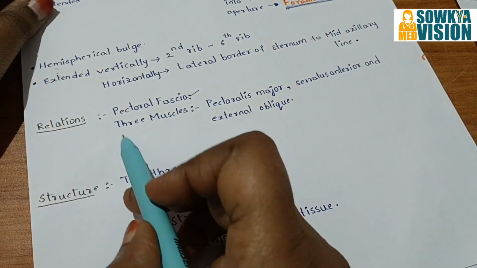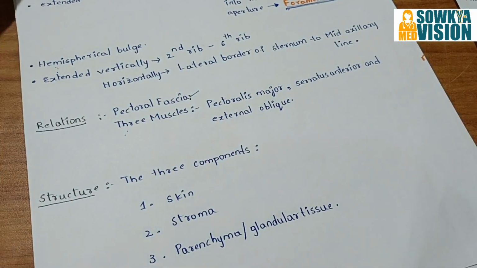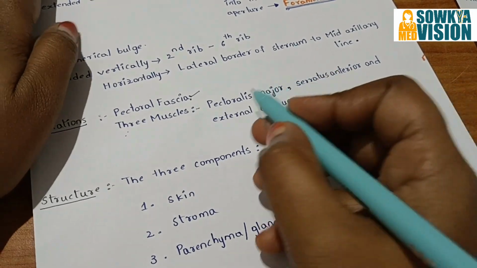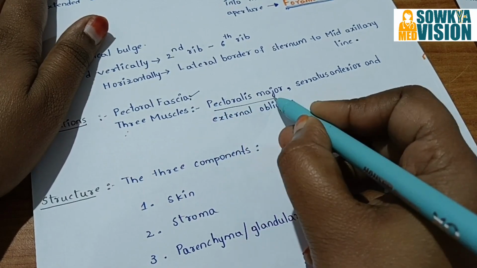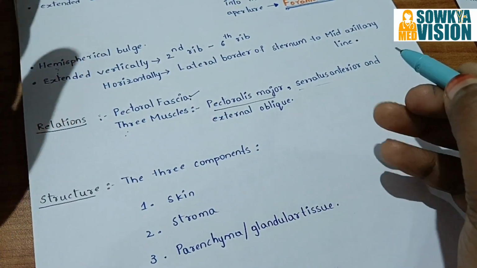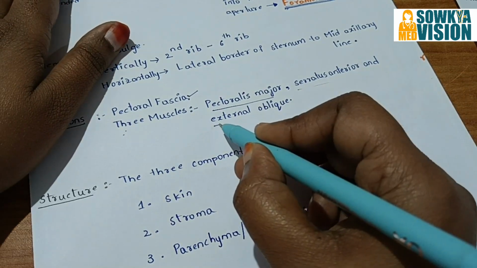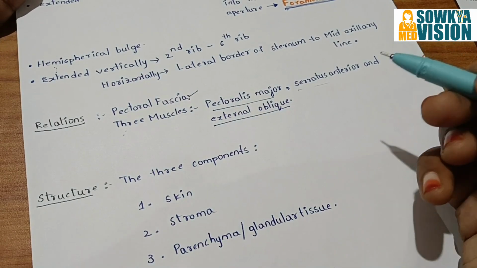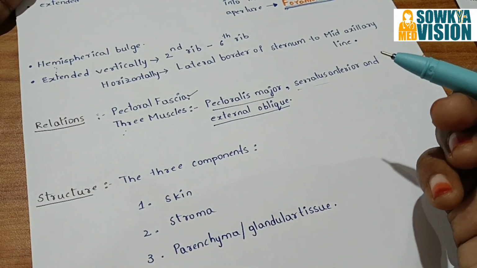It is also related to three main muscles: pectoralis major, serratus anterior and the external oblique. We dealt with pectoralis major and serratus anterior in the previous class. The external oblique is an abdominal muscle involved in the formation of the anterior abdominal wall.